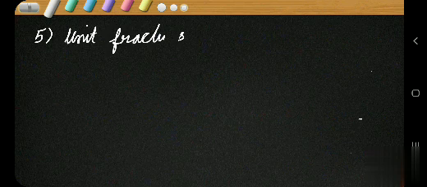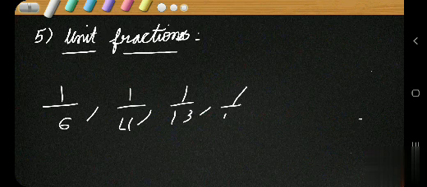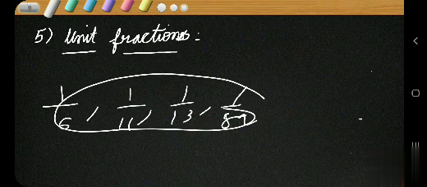Unit means 1, isn't it? So what will be unit fractions? Yes, fractions with 1 as the numerator are known as unit fractions. Understood? That is, after the unit fractions heading, write 1 by 6, 1 by 11, 1 by 13, 1 by 89, etc. All these are what? Unit fractions.